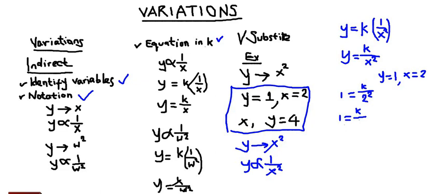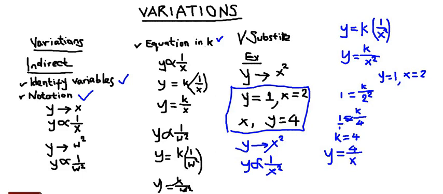So we can solve this. We cross multiply so that we find the value of K. It means K is equal to 4. Meaning the equation of this variation is y is equal to 4 over x squared.